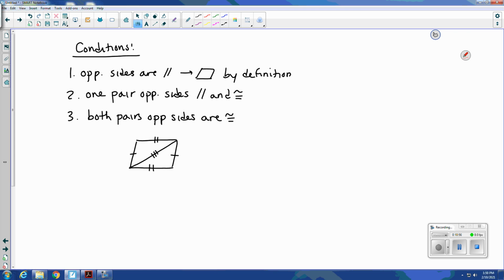And if they're congruent, then by CPCTC, we can identify corresponding angles are congruent. And if these are the angles that are congruent, then by converse of alternate interior angles, we can say this side's parallel to this side, and this side's parallel to this side, and therefore we, by definition, know we have a parallelogram if both pairs of opposite sides are congruent.